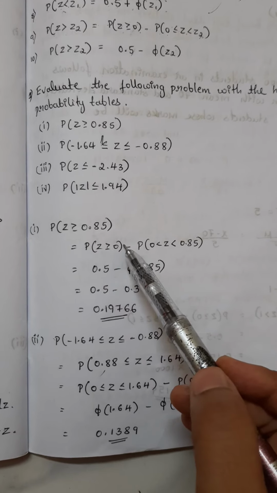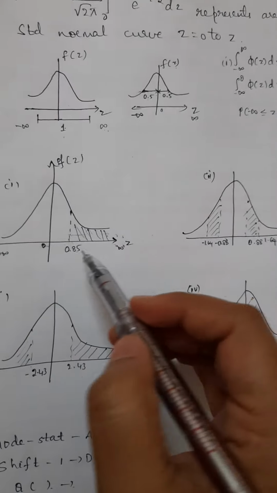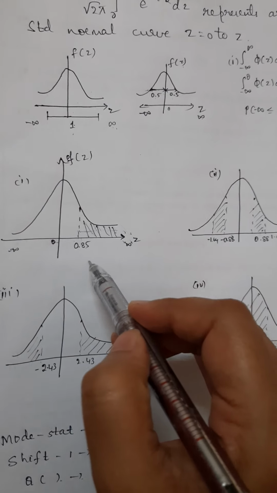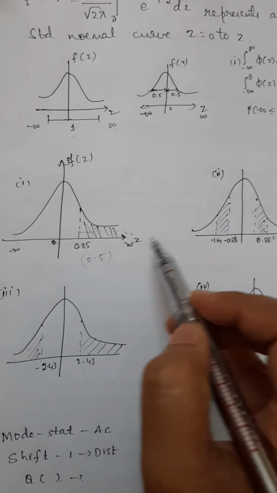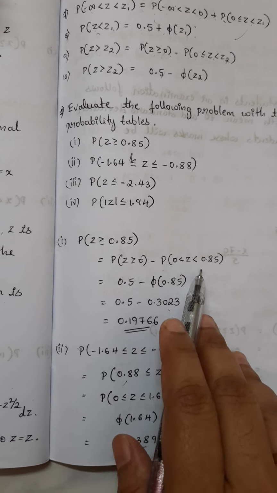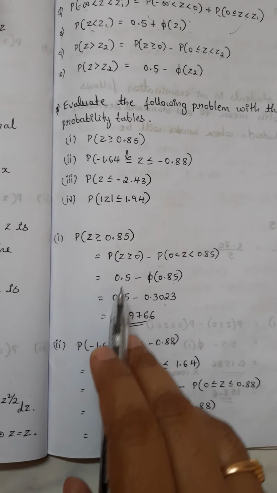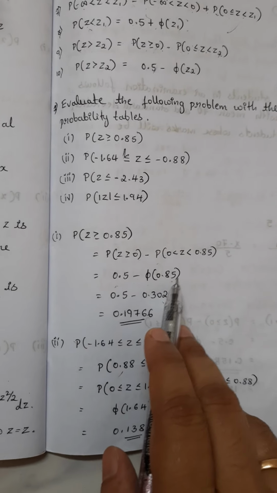Probability of z greater than or equal to 0 means from 0 to infinity we have 0.5, that is 0.5 minus probability of 0 to 0.85, which is phi of 0.85. So this value is 0.5 minus phi of 0.85.